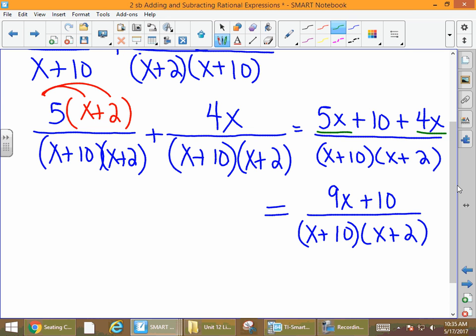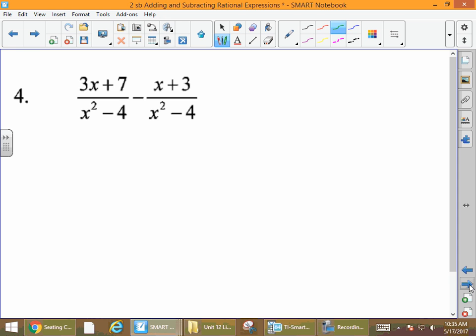But as we look at problem number 4, I'm going to switch over to subtraction. And the nice part about problem number 4 is that we have a common denominator already. But I do need to stress something in this problem. When we subtract this, we already have a common denominator, so we're good there.